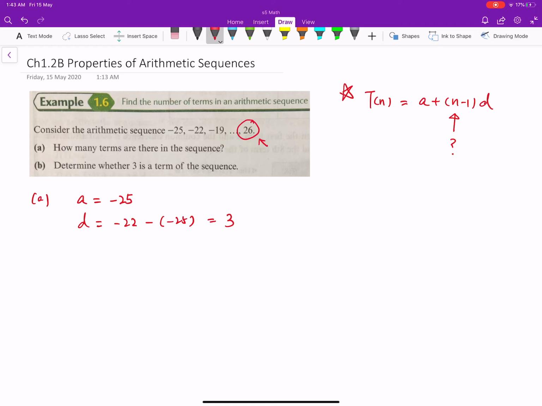So the question is, which term is it? Then we let it be the kth term. So we let k, first of all, be the number of terms in the sequence.